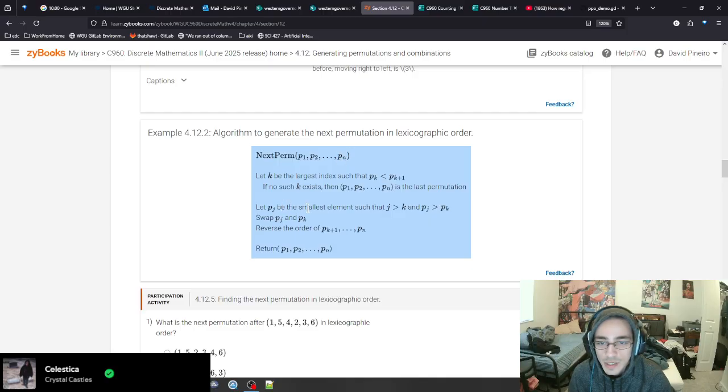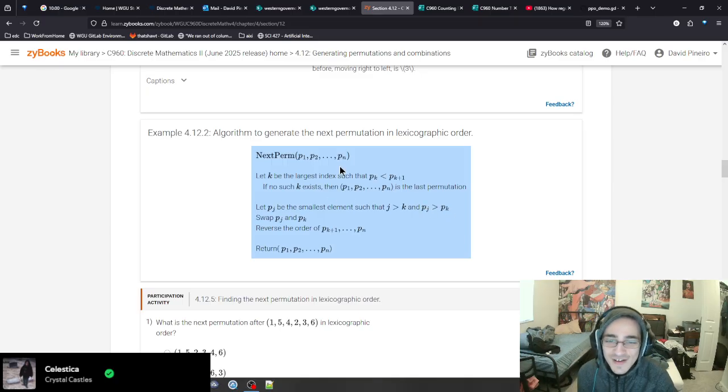And then it says let J be the smallest element that is after K. So there has to be the smallest element after K, but also it has to be larger than the Kth element.